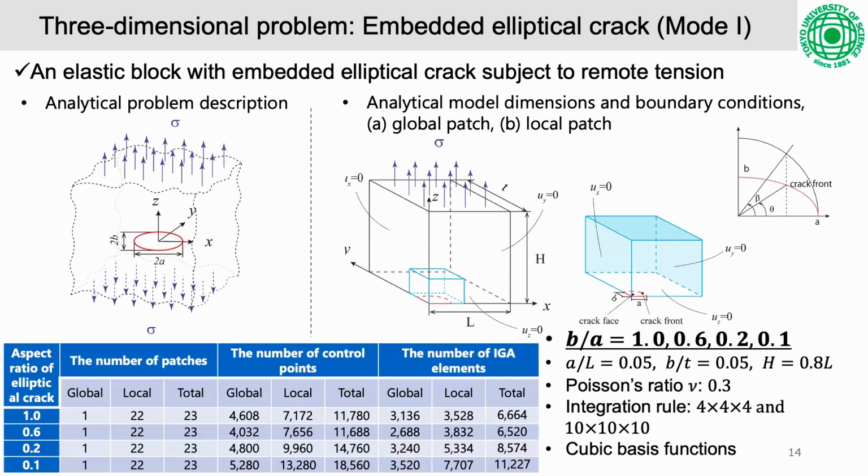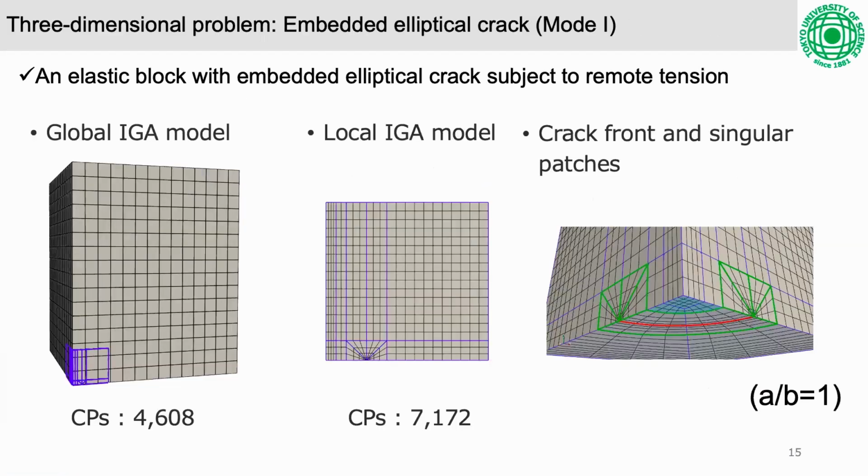So the crack is embedded in a very big elastic body, and this is the global model and the local model is plugged there. Then we used cubic-based functions and we compared our solution with analytical solutions for an infinite body.